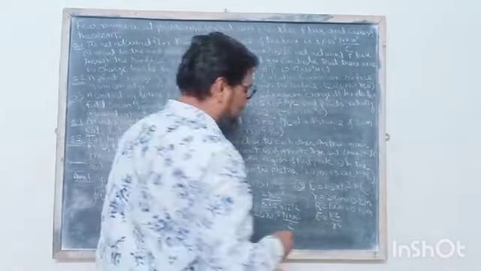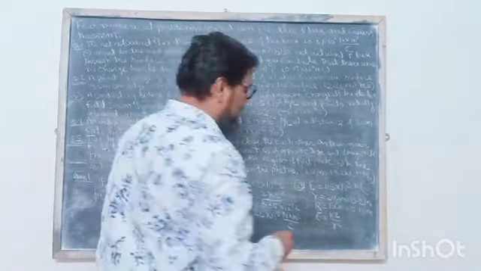The value of E is 1.5 into 10 raised to the power 3. The value of r square is 0.2 into 0.2, upon k, 9 into 10 raised to the power 9. On solving this, the answer of charge will be 6.67 into 10 raised to the power minus 9.